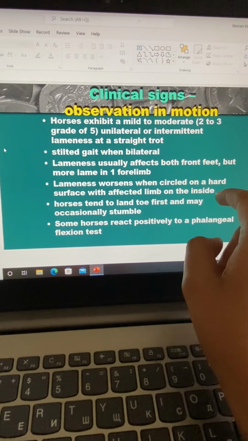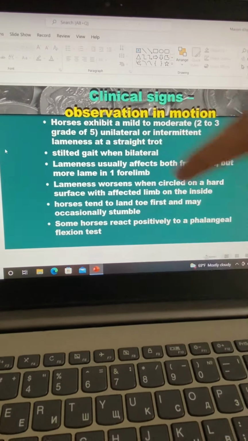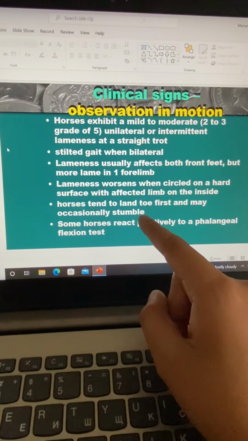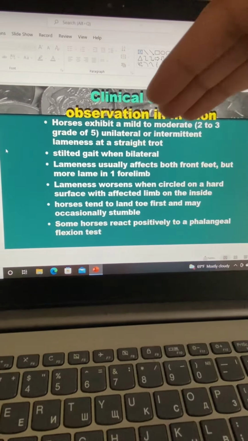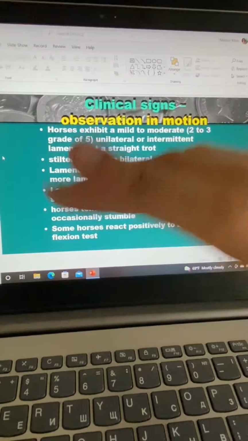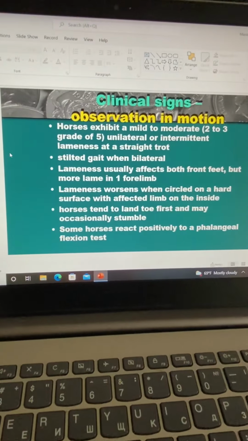Lameness worsens when they're walking in a circle on a hard surface with the affected limb on the inside. Horses tend to land toe first and may occasionally stumble, because of course this isn't normal. They should be walking like this, not like that.